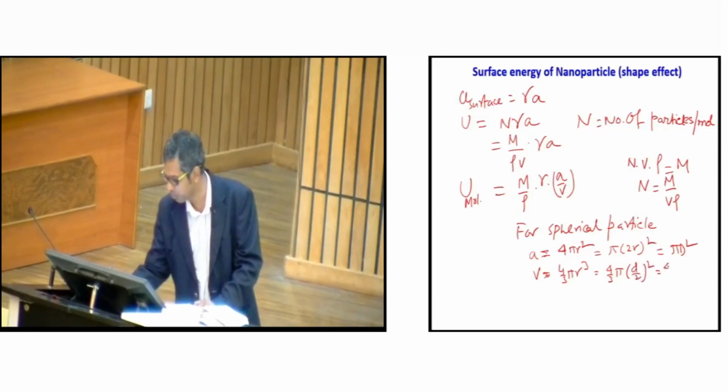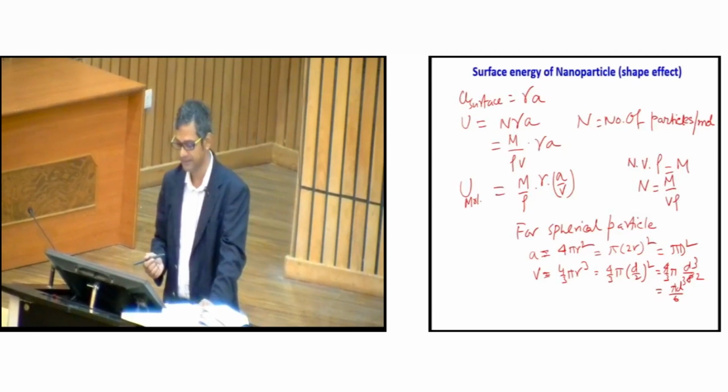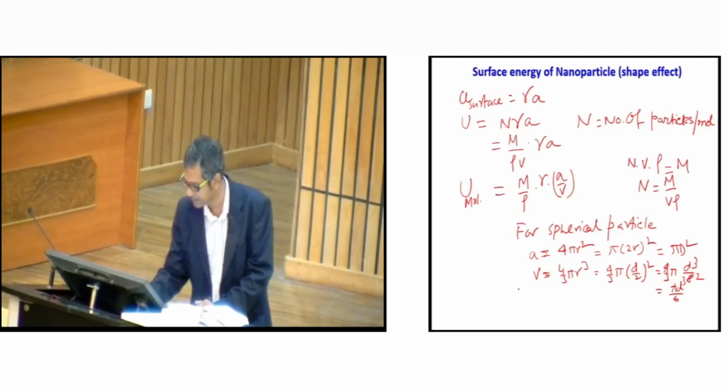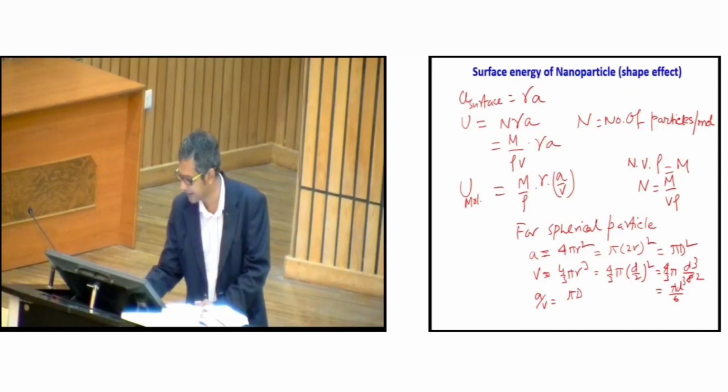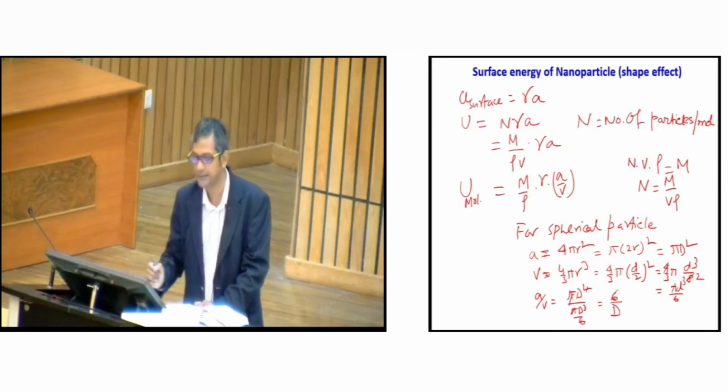So, that has become 4/3 pi d cube by 8, that has become pi d cube by 6, right. 4 and 8 can be cancelled like this. So, what is A by V ratio then? A by V is pi d square divided by pi d cube by 6, that has become 6 by d, pi gets cancelled.